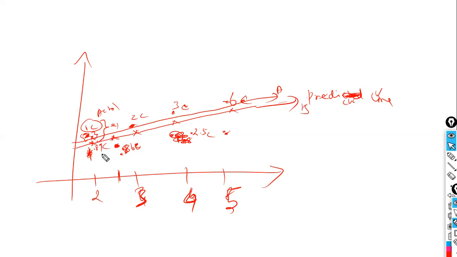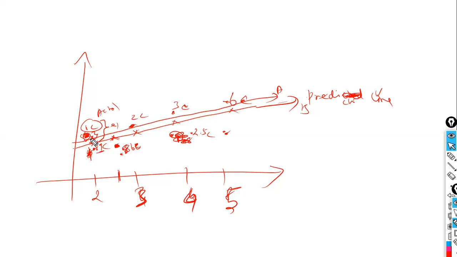But if you find out the distance between this value and the predicted value, since this line is too far from this, see this value is here, right? This data point is here.